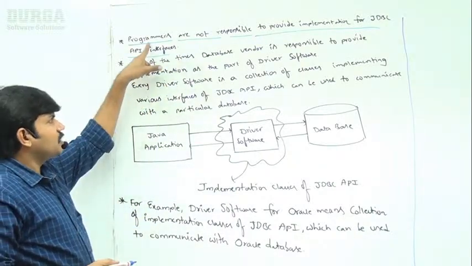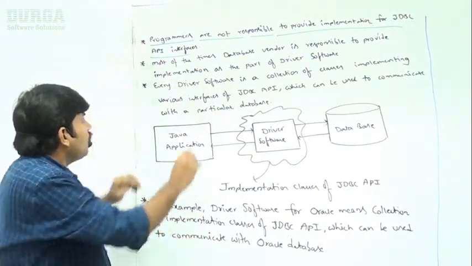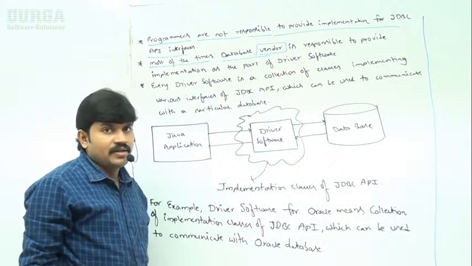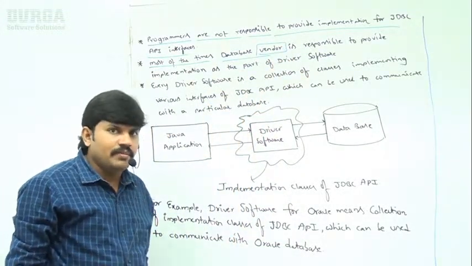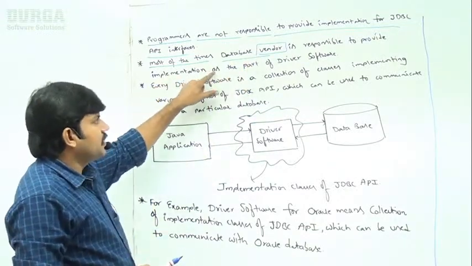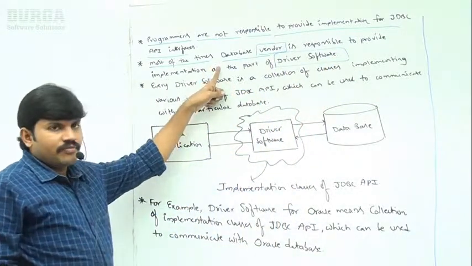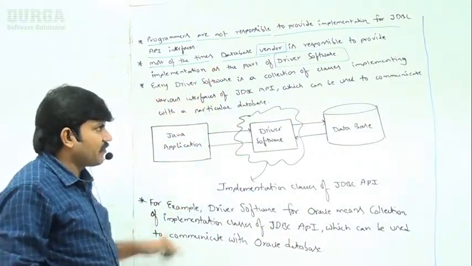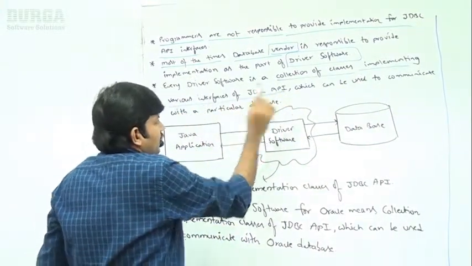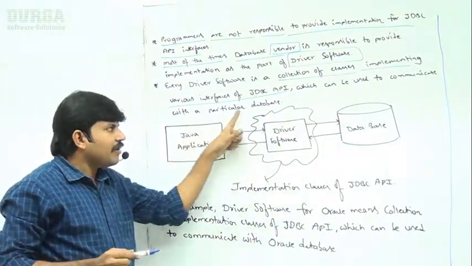Most of the times, the database vendor, the owner of the database, is responsible to provide the implementation as part of driver software. Now it's very clear: every driver software is a collection of classes implementing various interfaces of JDBC API, which can be used to communicate with a particular database.